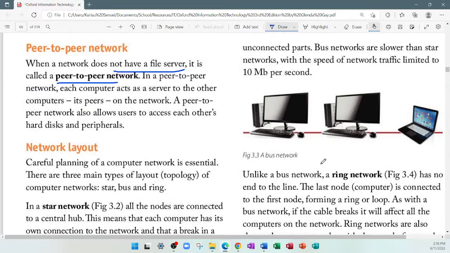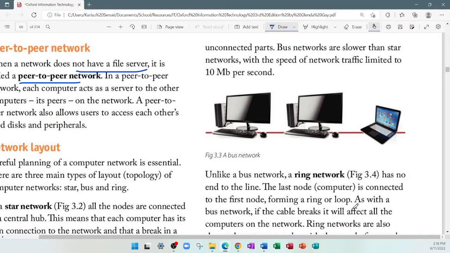So the bus network is basically a straight line. You're going to have a central cable, as you see in the image here, and each device is going to branch off from that central cable. Like this here, the blue line is my cable, and from that central cable we're going to have a cable branching off going to each individual device.